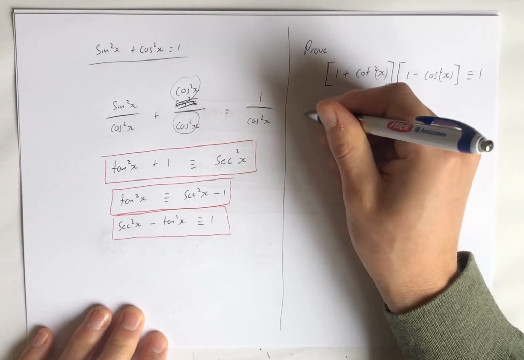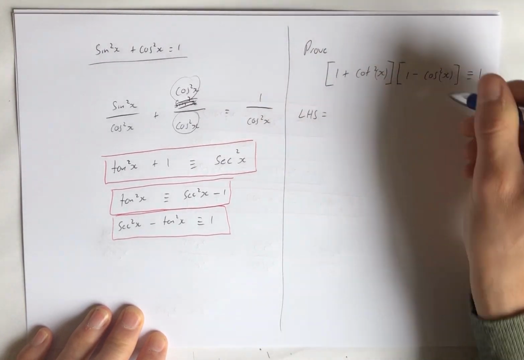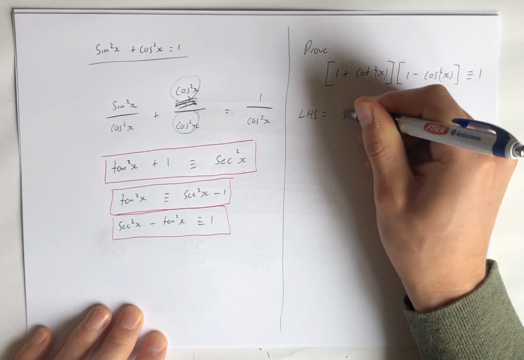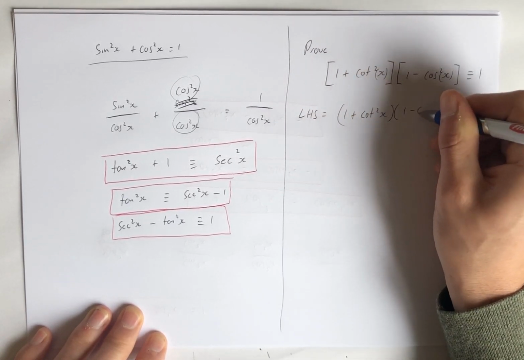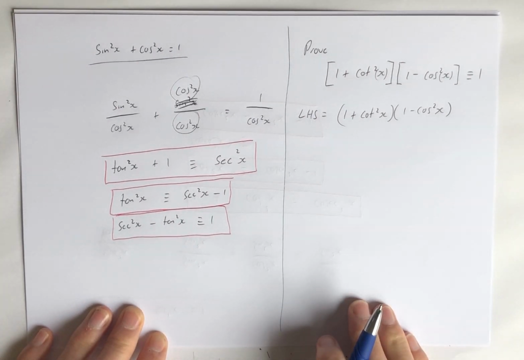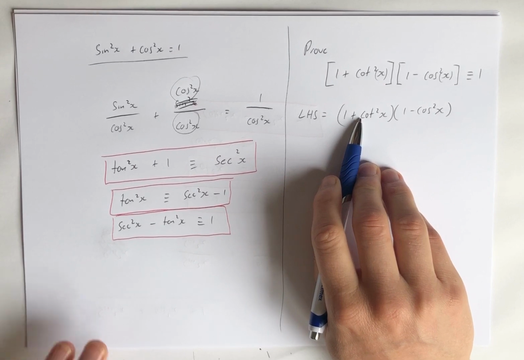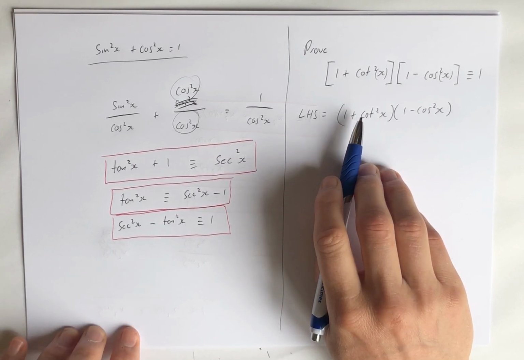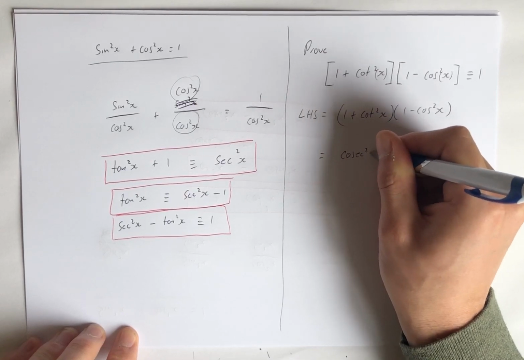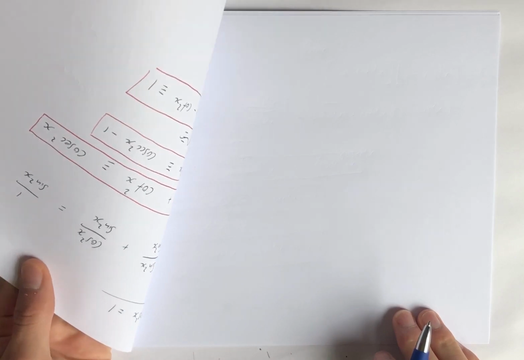Well, left hand side, which equals, we rewrite the whole thing, I know it's a bit annoying, but it's this times that. Well, 1 plus cot squared, well, that was cosec squared, wasn't it? So that's actually cosec squared x from, I think it's on the back of this page.